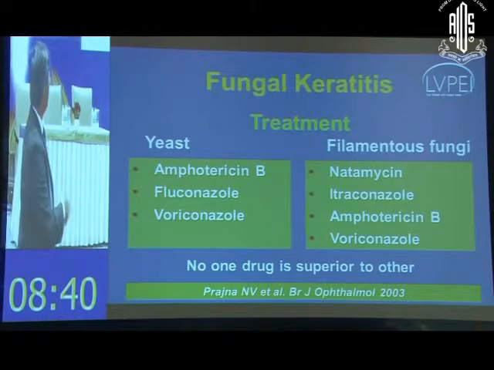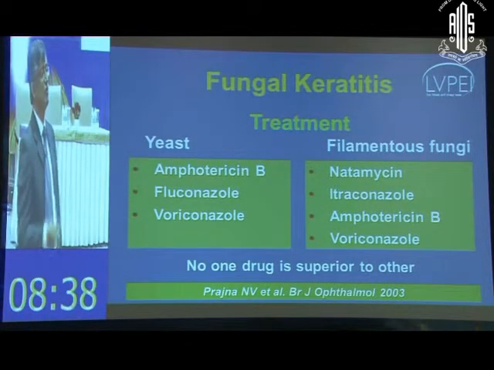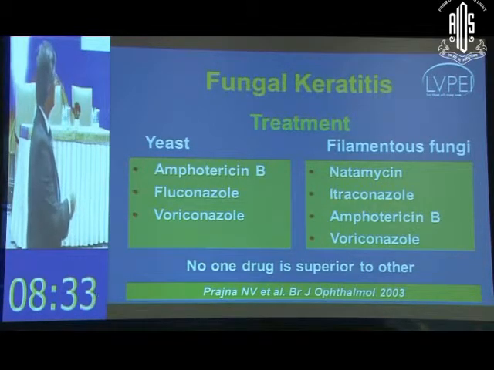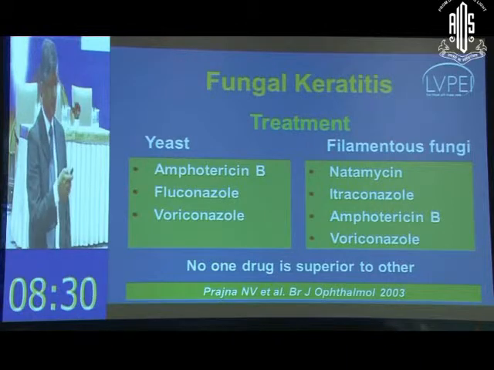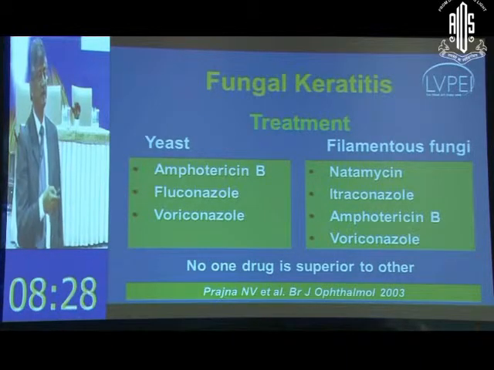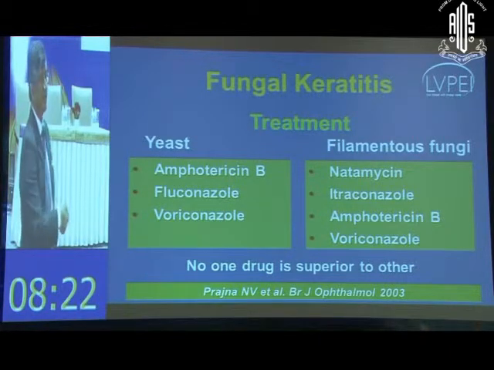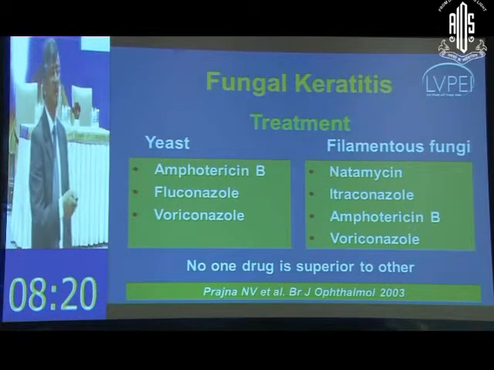Amphotericin B, fluconazole and voriconazole have good activity against yeast infection, whereas natamycin, itraconazole and voriconazole are good drugs for filamentous fungi. But remember that no one drug is superior to another in this list. You can choose any of these antibiotics.